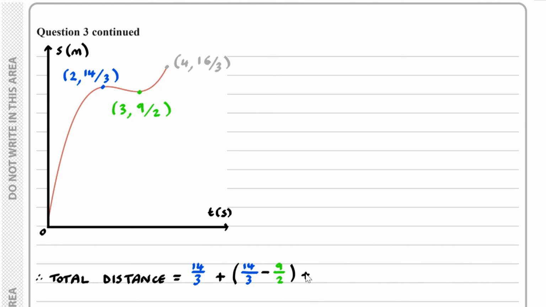And then I've got the distance from here to here, which is the difference between 16 over 3 and 9 over 2.